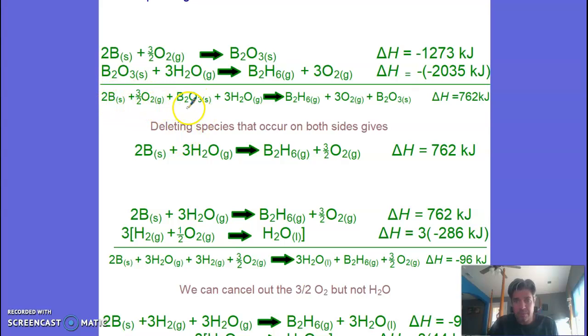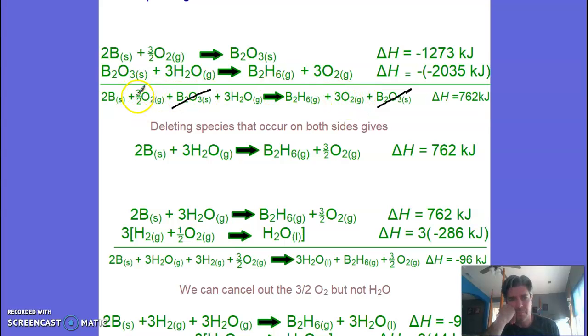We have B2O3 on both sides, so we cancel that out on both sides. And what happened here is we have 2 borons, 3/2 oxygen. So the oxygen has been simplified.